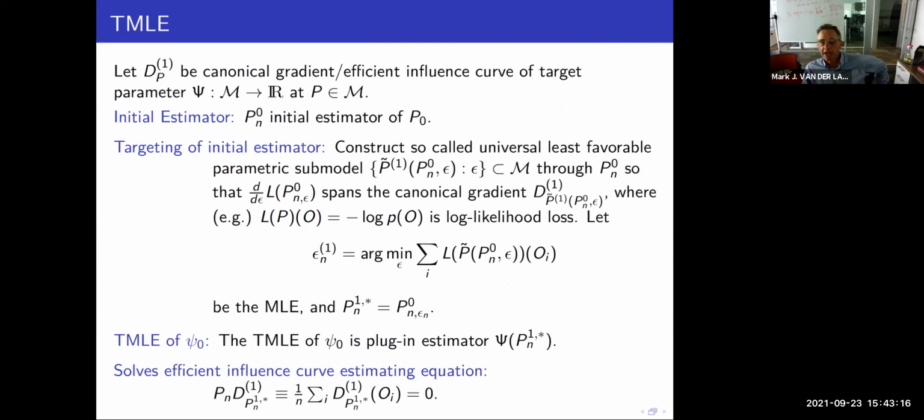Now, maybe your psi only depends on certain conditional densities in your factorization, so you only have to worry about these ten. The others you don't have to do. But nonetheless, there will be a bunch of conditional means or conditional densities you will have to estimate from the data to even evaluate psi of P. So that's the first task. How do we do that? That's where we call that the initial estimator of the data density.